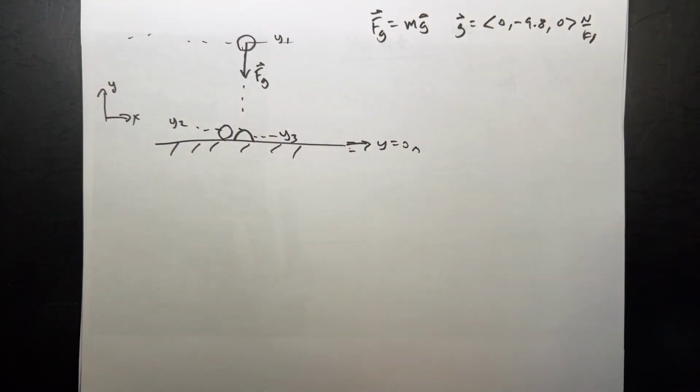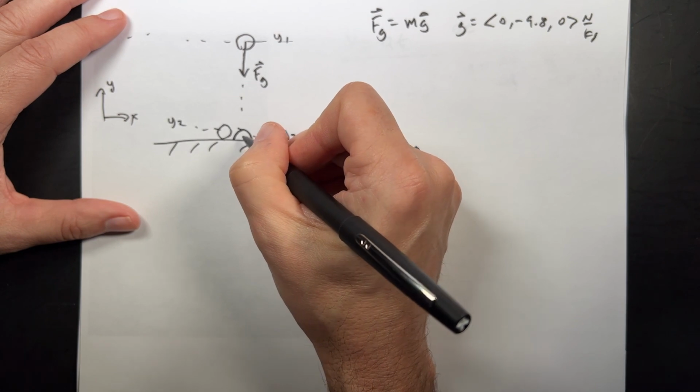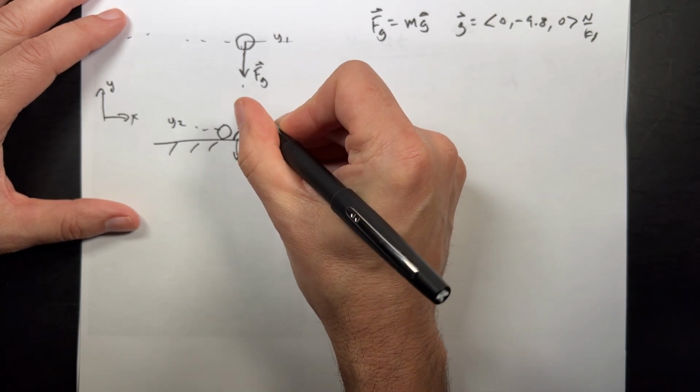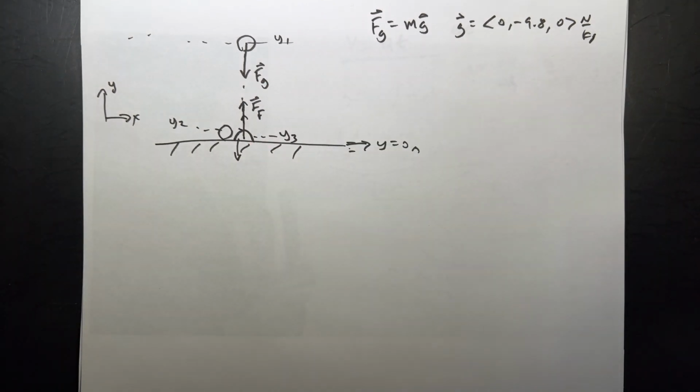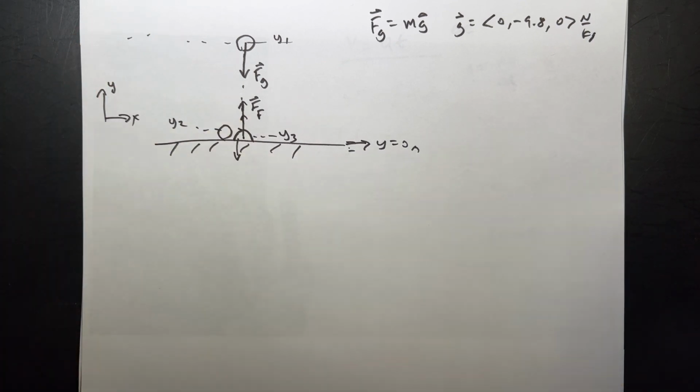And then during impact, there's going to be this force pushing up, as well as a downward gravitational force. This one's going to be much greater. F floor, I'll call it. It's the ground. We don't know that, and we want to find that.